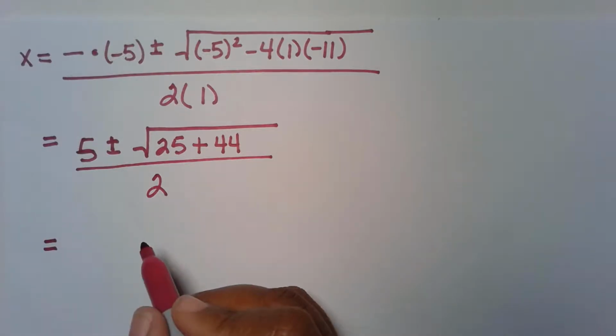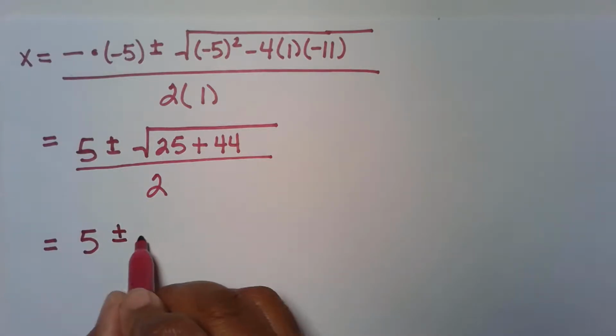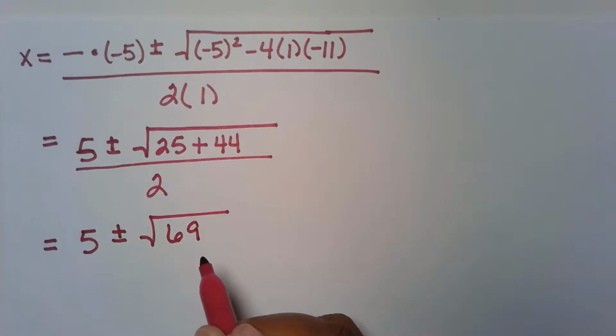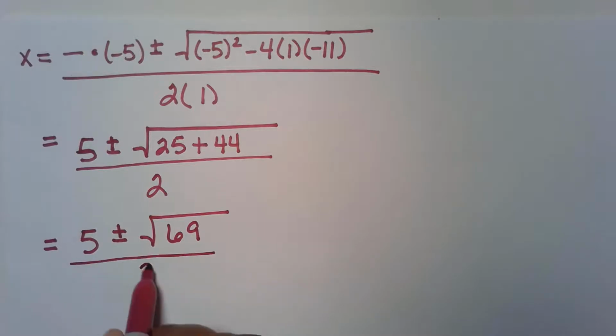Let's add 25 and 44. We have 5 plus or minus the square root of 69 all over 2.